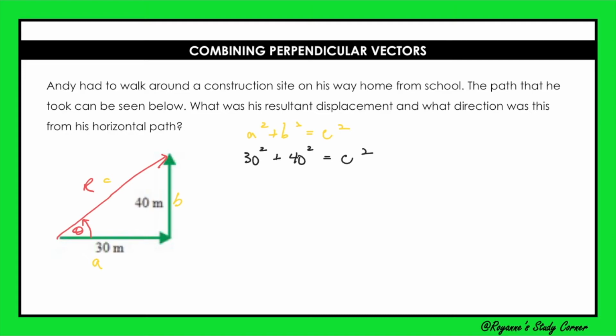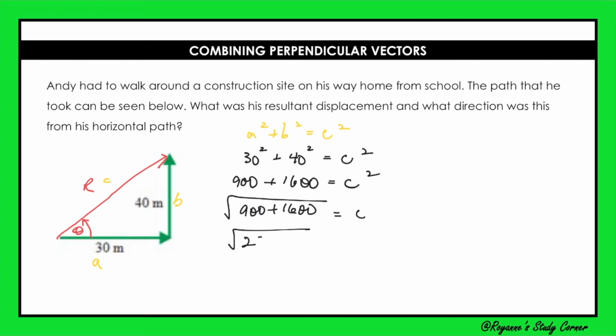30 squared is 900, and 40 squared, 4 4s are 16, so 1600. Now C would be equal to the square root of these two things added. So that gives us the square root of 2500 is what we get as C. I personally like to see C on the other side, but it doesn't make a difference.